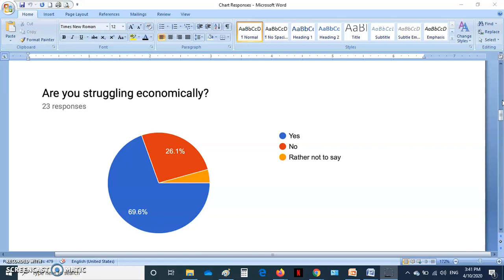So this question aims at the solution, and it will show that their solution is needed, which is the purpose of all of this research and all of these questions being asked of the people you will serve.